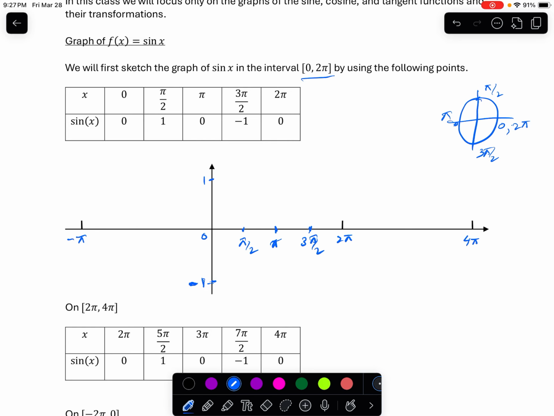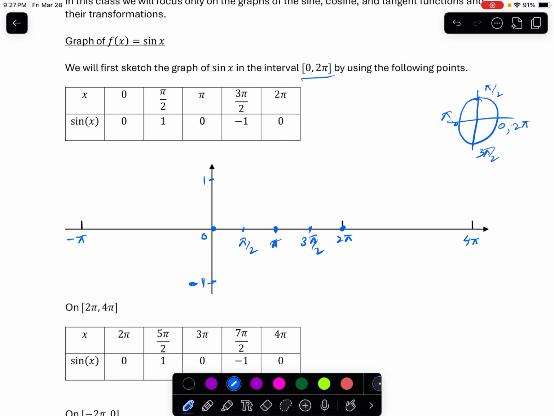Now at 0, the function value is 0. At 2 pi, the function value is 0. At pi, the function value is 0. So in our table, we make sure that we add the points where the function value is 0.